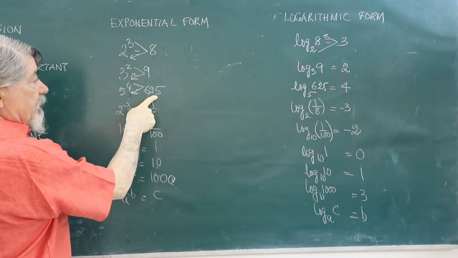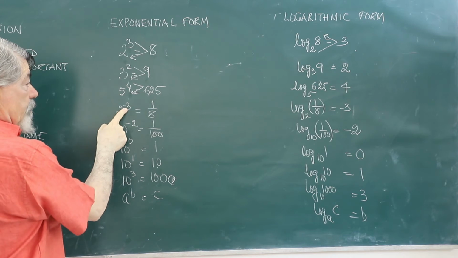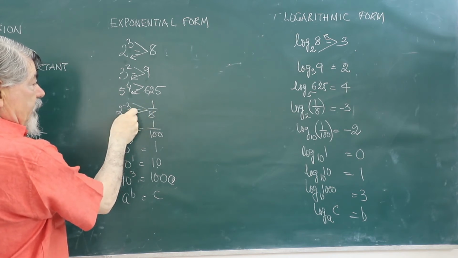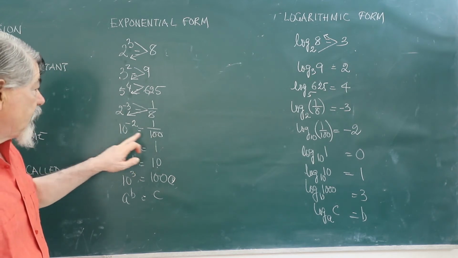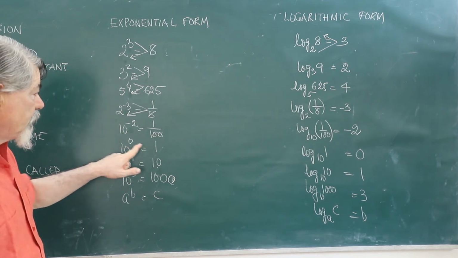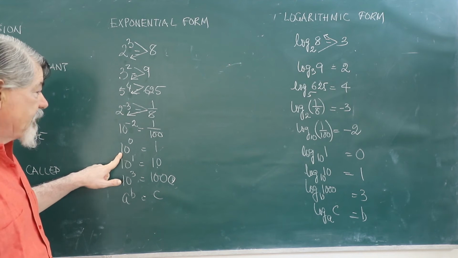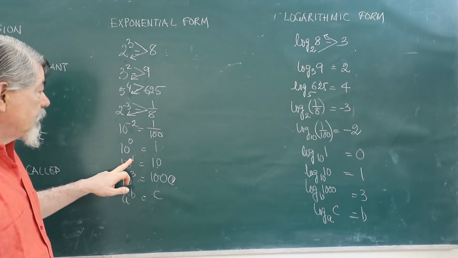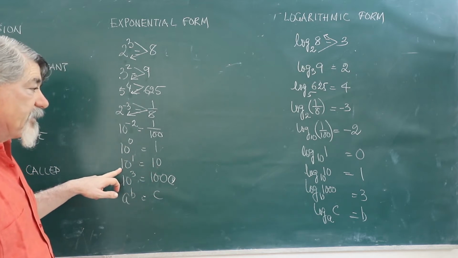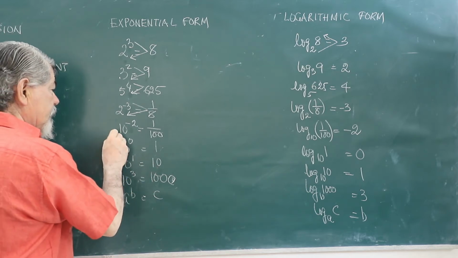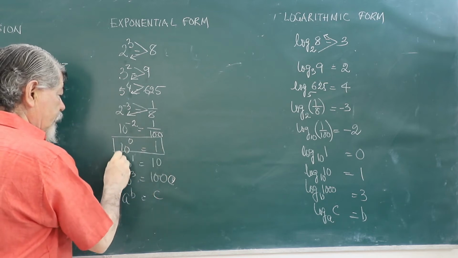Minus 2 is the log of 1 upon 100 to the base 10. 0 is the log of 1 to the base 10. 1 is the log of 10 to the base 10. These are important things also.